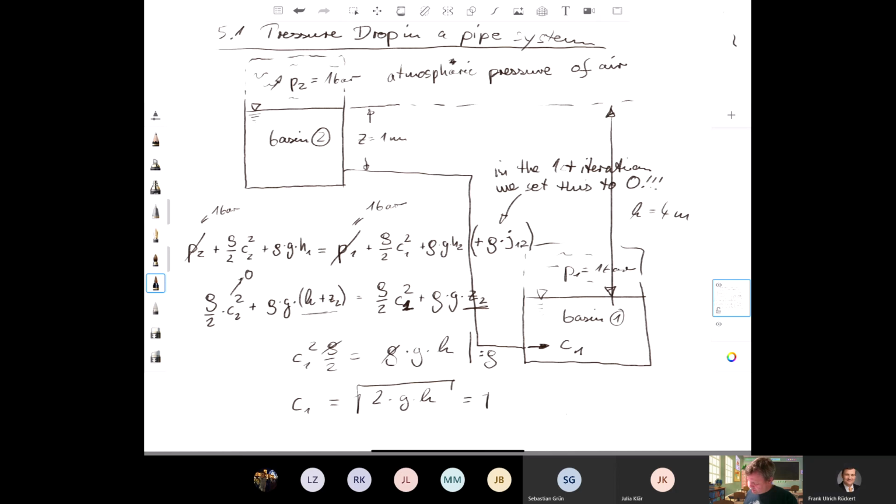And there we have, okay, my calculator. Okay, this is now our first rough estimation of the velocity.